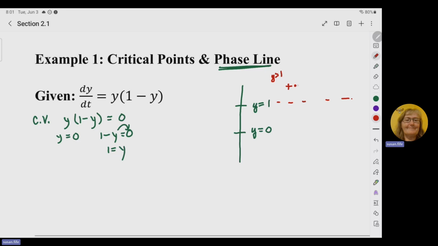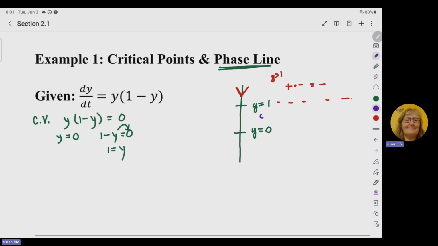So I'm going to get a positive times a negative. That's going to give me a negative overall. And that means that my slope is going to be negative and my line is going to be decreasing. So the graph is decreasing when y is greater than 1.